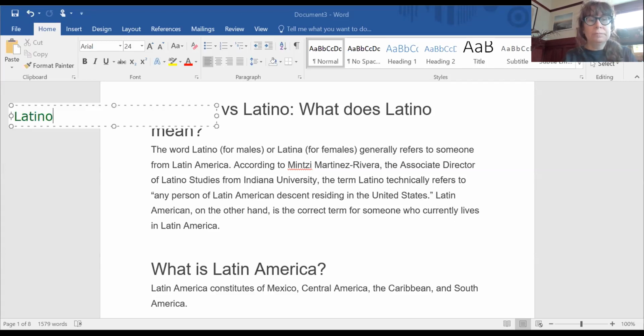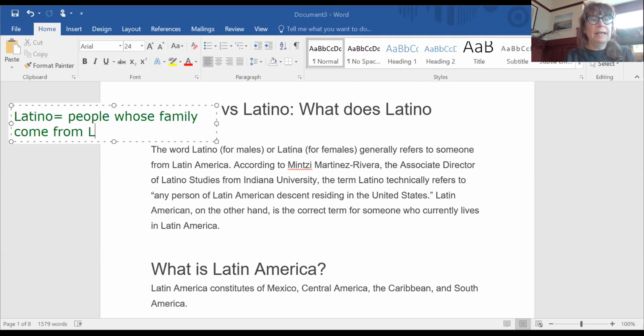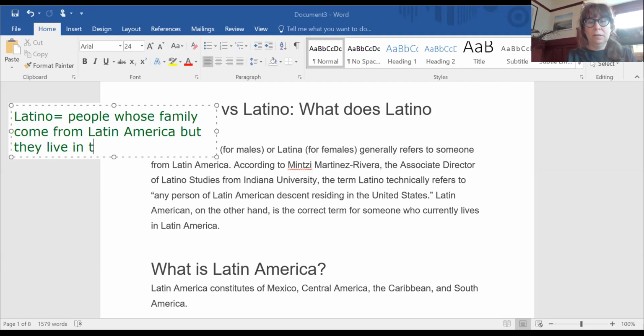So Latino equals people whose family come from Latin America, but they live in the US. That's what this says, I think.